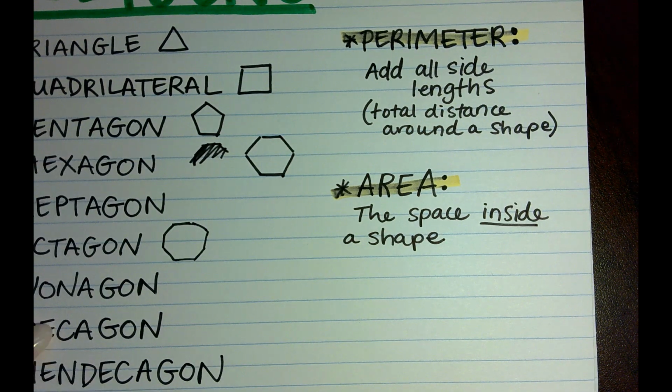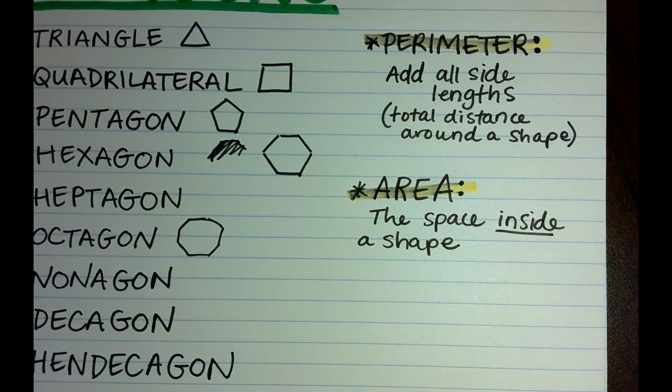So it's the space inside a shape. Those are kind of general definitions. Now, moving forward, I'm going to start giving you some specific formulas. This is a part of geometry where we start using formulas a lot, and different shapes are going to have different formulas.